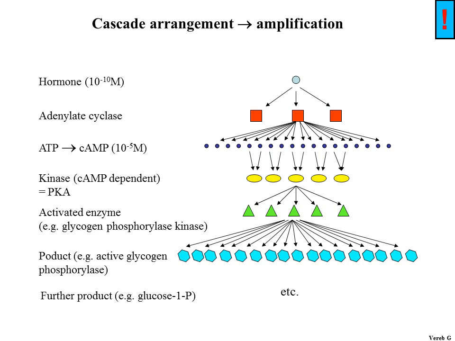So this kind of amplification is what is often referred to as a cascade reaction, because one step causes the occurrence of the next step and the next step and the next step and so on and so forth. Just as in a waterfall, which is a cascade, the drops of water follow each other.